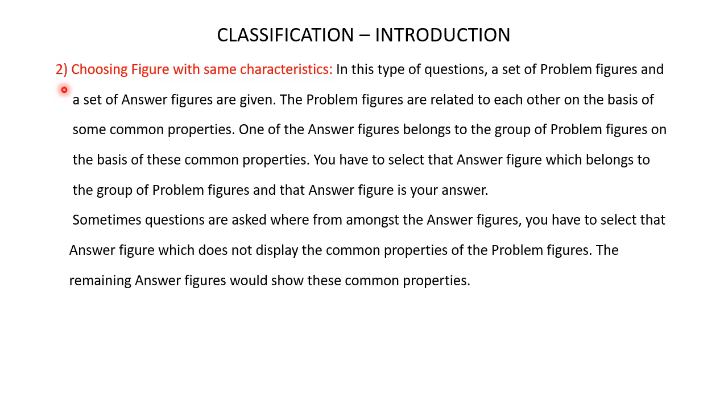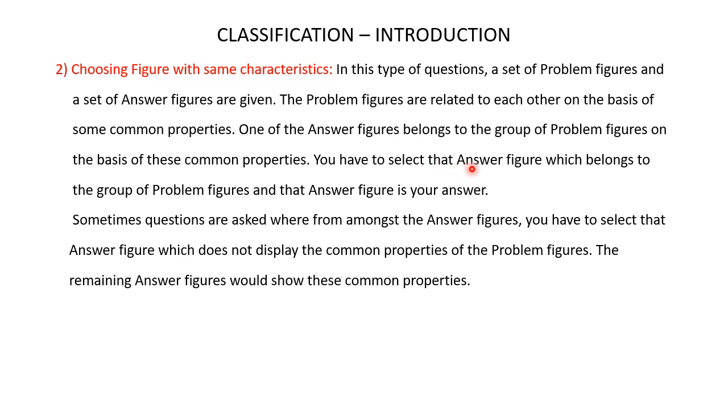The second type of questions in classification is choosing figure with same characteristics. In this type of questions, a set of problem figures and a set of answer figures are given. The problem figures are related to each other on the basis of some common properties. Now, one of the answer figures belongs to the group of problem figures on the basis of these common properties.